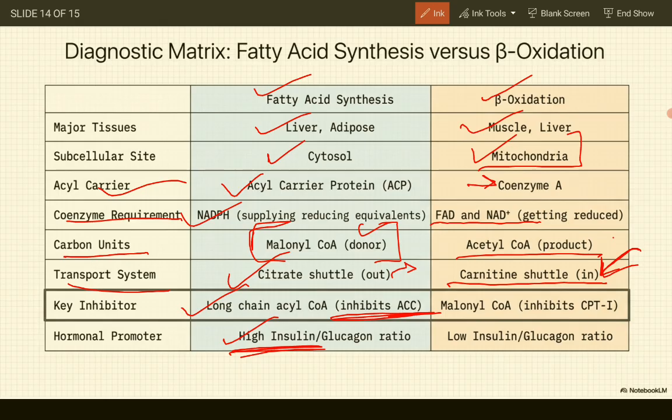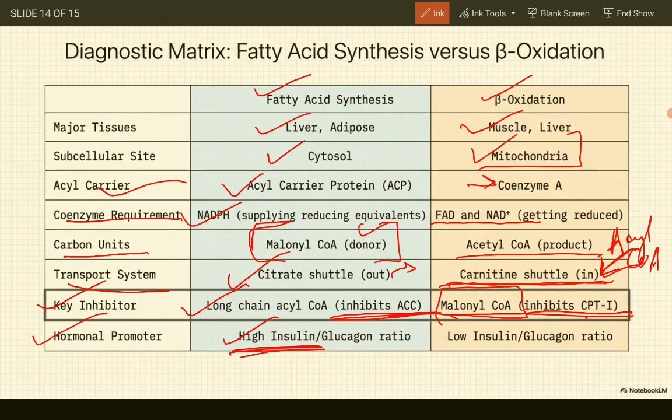The acyl CoA enters the mitochondria through the carnitine shuttle. The key inhibitor is malonyl CoA that inhibits CPTI. We already talked about this. Malonyl CoA inhibits CPTI, which stops the fatty acyl from entering the mitochondria for beta oxidation.